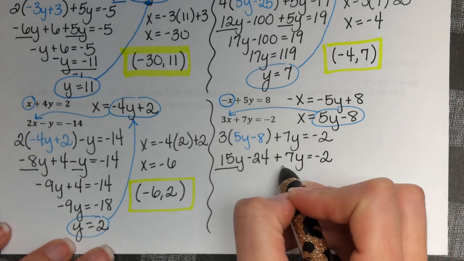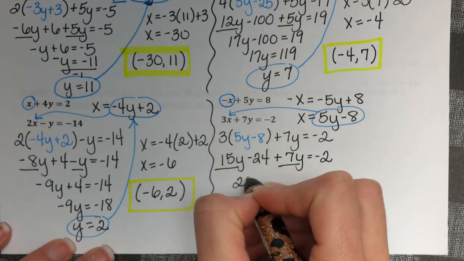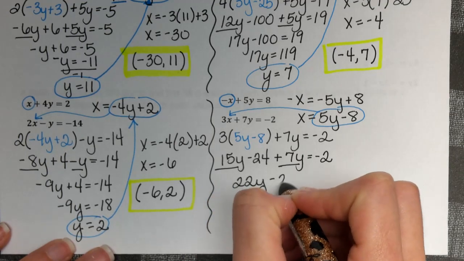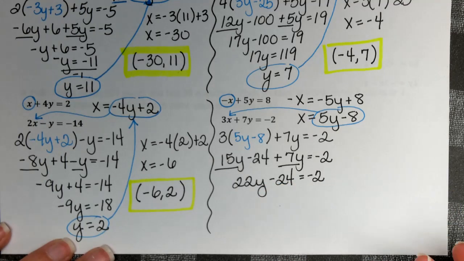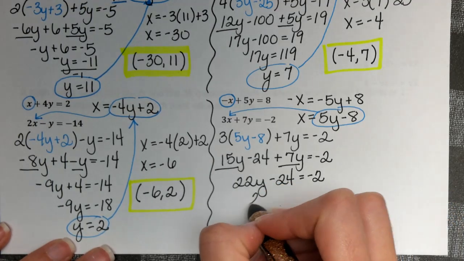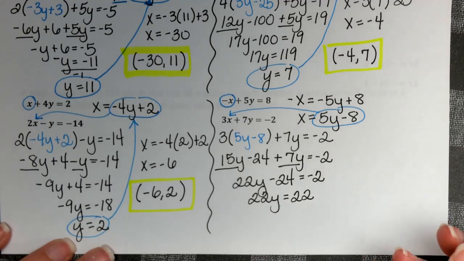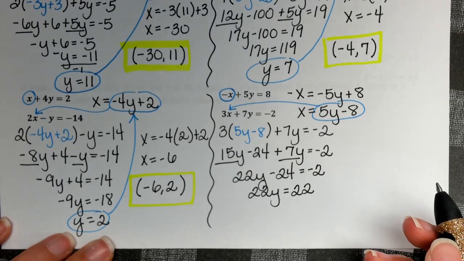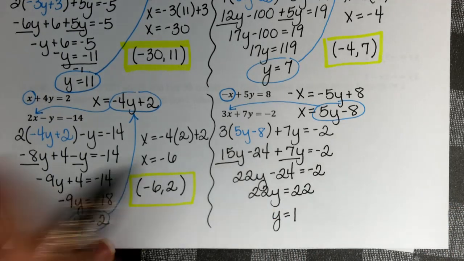So 15y plus 7y, 22y minus 24 equals negative 2. Add your 24, 22y equals 22. Divide by 22 and y equals 1.